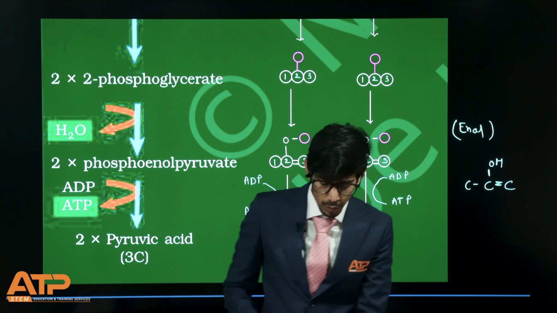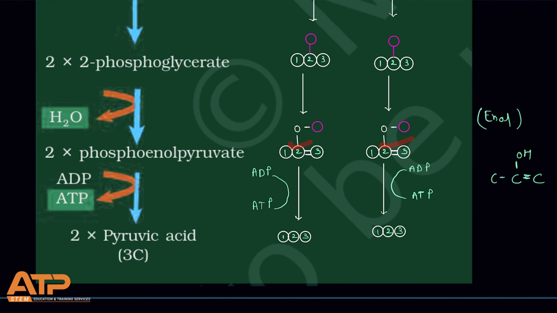They still have one phosphate left with them. Now what to do with these phosphates? Very simple. Give them to ADP again. This phosphate will be given to this ADP, and this phosphate to this ADP. These 2 ADPs will become ATPs. So we will get 2 ATPs in this step as well.